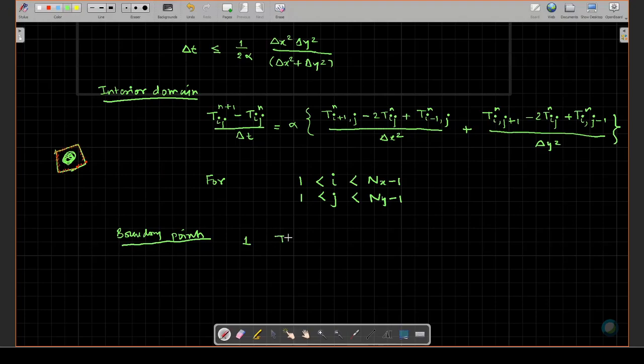In the j index notation this is at j equals 1, so T i 1 at n plus 1 is always equal to the known value T naught.